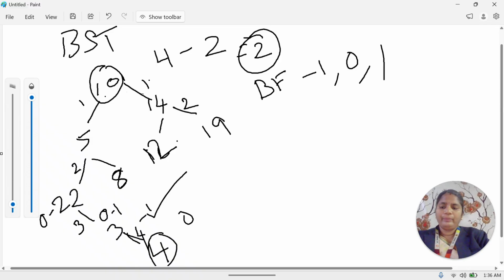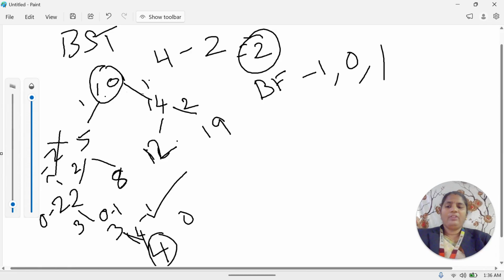So the balancing factor is -2. Here also the property does not satisfy. The advantage of the AVL tree is that it doesn't develop an unbalanced tree and then balance like this. After insertion itself, it will balance all the nodes such that the balancing factor is 0, 1 or -1.